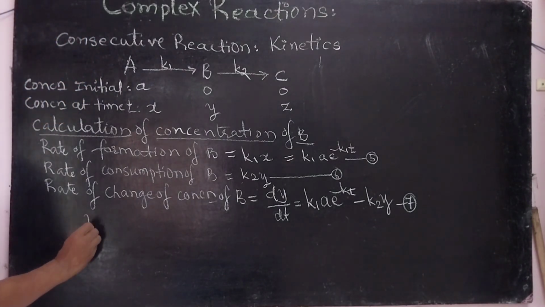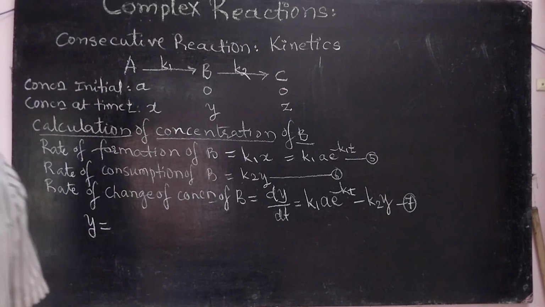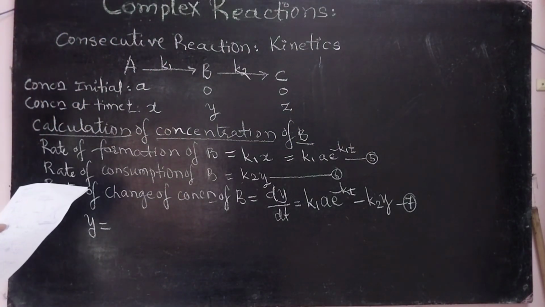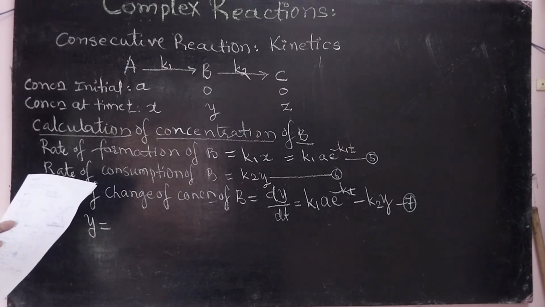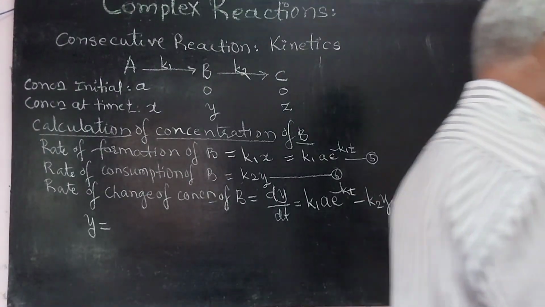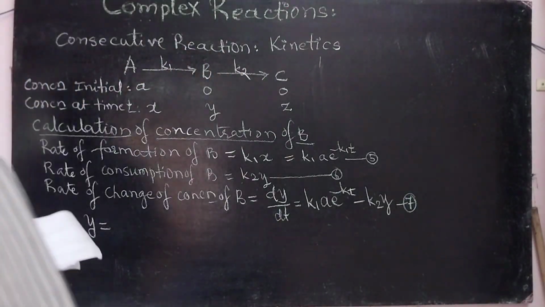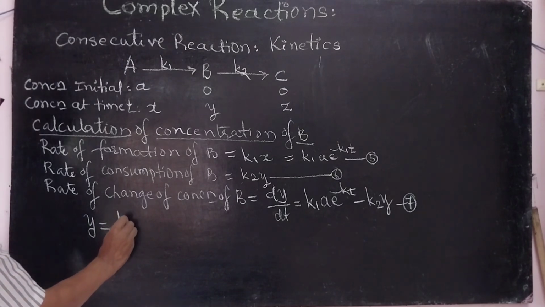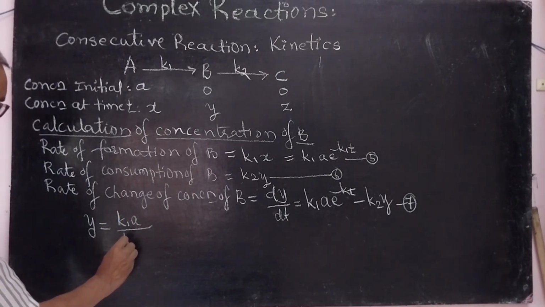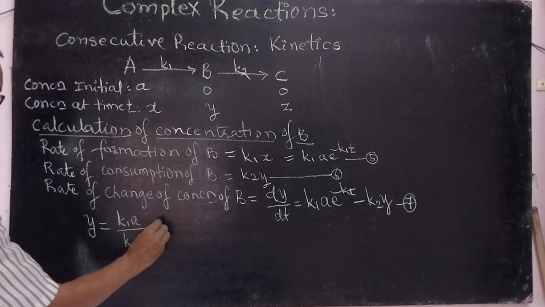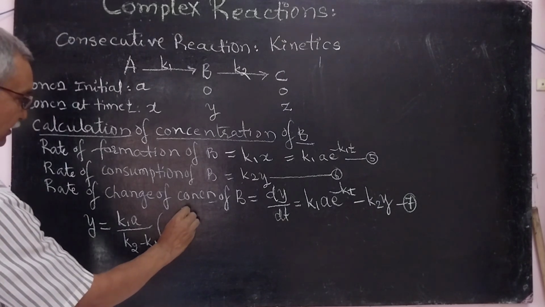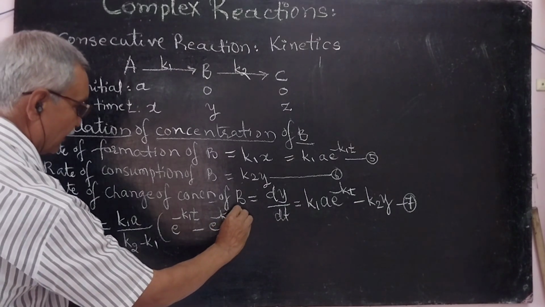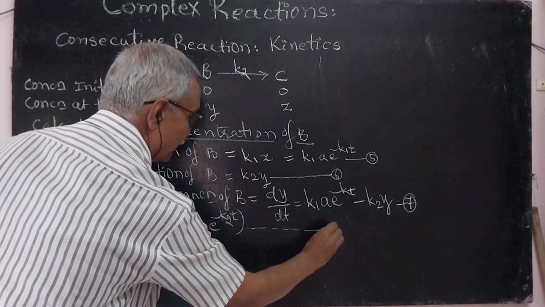Directly we can write the equation: y is equal to k1 a divided by k2 minus k1 into bracket e raised to minus k1 t minus e raised to minus k2 t. Suppose this is the expression for the concentration of y.